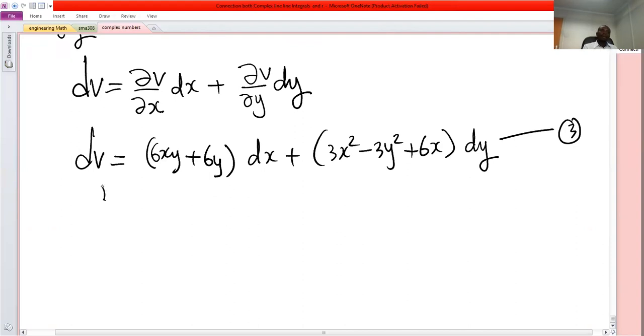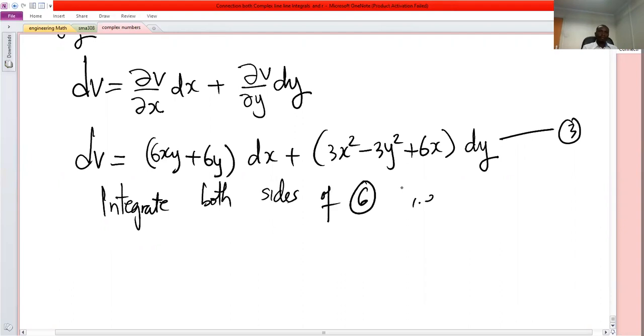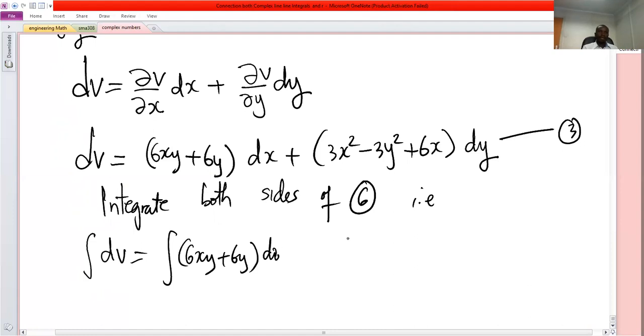Now integrate both sides of 3, i.e. integral of dv equals integral of 6xy plus 6y dx plus integral of 3x squared minus 3y squared plus 6x dy.